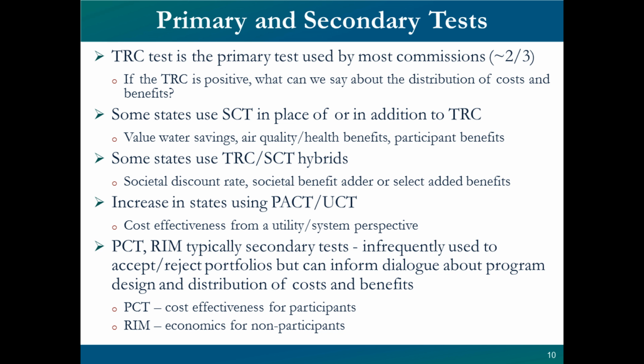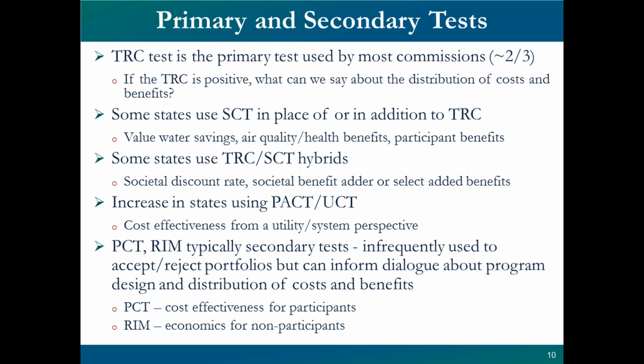I think that the best practice is to get an understanding of your program's overall TRC, and then getting an understanding within that of how does the proposition look to the homeowner or the renter, and then how does the program that you're looking at look to the non-participating customers on the system.